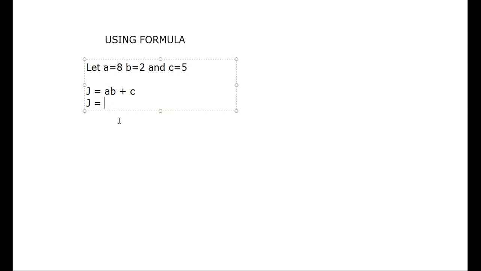This is wrong. A is 8, B is 2, plus C is 5. That's wrong. AB is not 82.